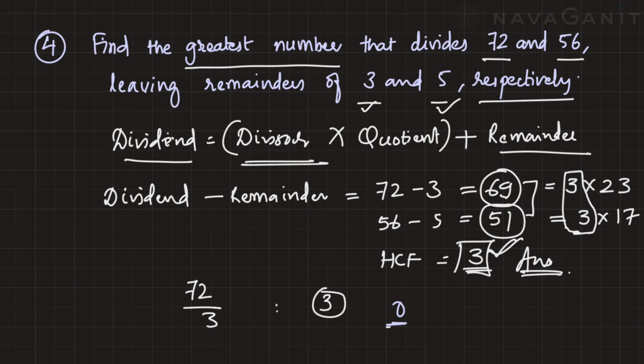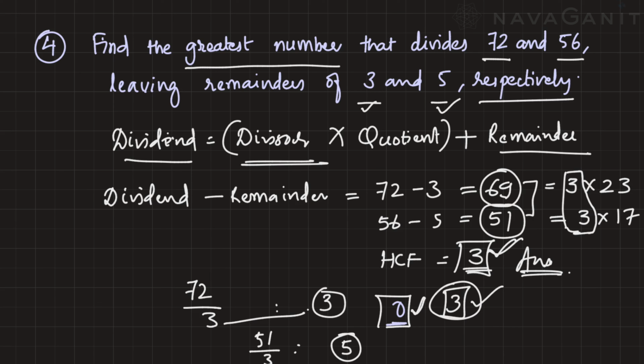However, remainder 0 is the same as remainder 3. And with respect to 56, if I am checking, 56 divided by 3 would yield a remainder of 2, which is the same as remainder 5. So 3 is the right answer, because remainder of 0 is same as remainder of 3. So this is the number which divides 72 and 56, leaving remainders of 3 and 5 respectively, and this is the largest number.